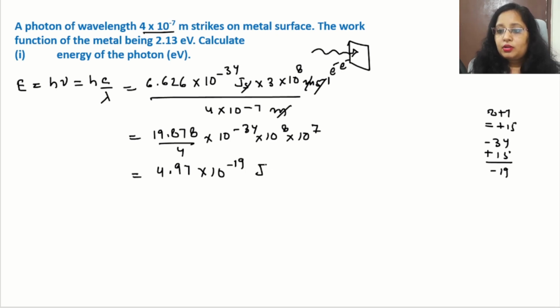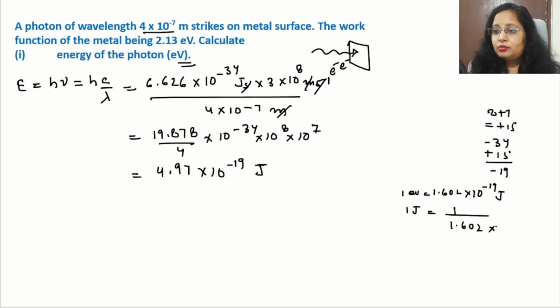But the answer is asked in electron volt. So now we will convert this joule to electron volt. As it is given, we know that 1 electron volt is equal to 1.602 into 10 to the power minus 19 joule. So from here we can say 1 joule is equal to 1 upon 1.602 into 10 to the power minus 19 electron volt.